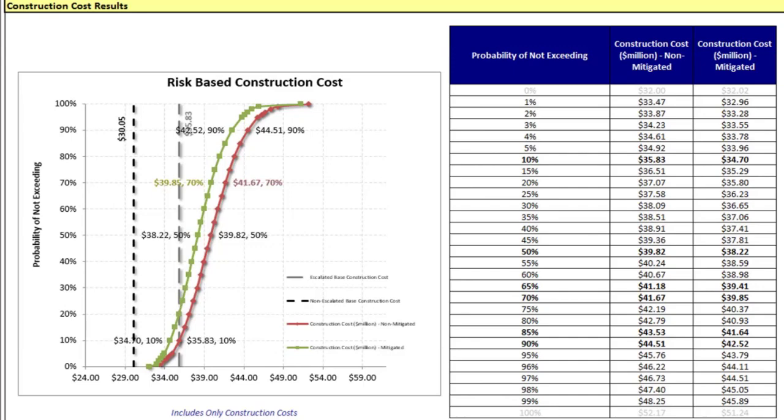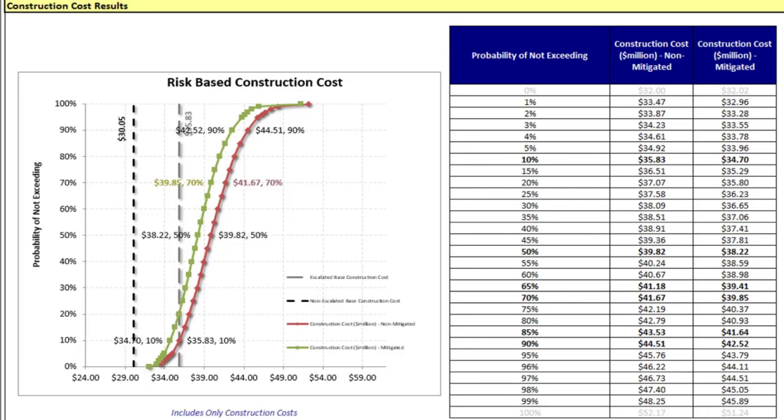Once you rerun the model, you'll get some more output curves. In this case, we're again looking at the construction cost, and what you expect to see from a mitigated risk model is the curve actually moves to the left, and that's the goal, to move it further to the left.